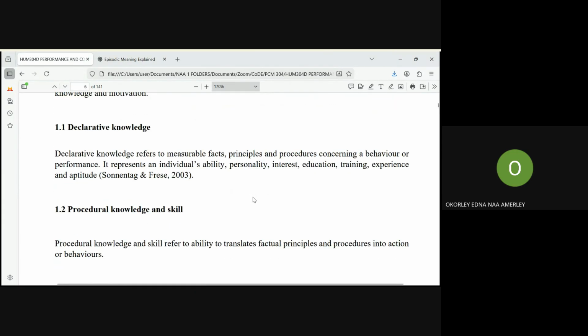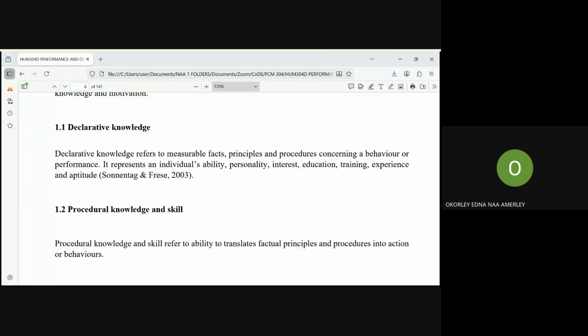Right. So under declarative knowledge, they are saying that it refers to measurable facts, principles, and procedures concerning a behavior or performance.